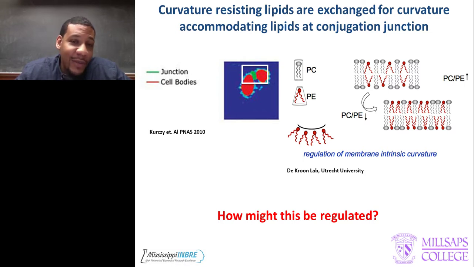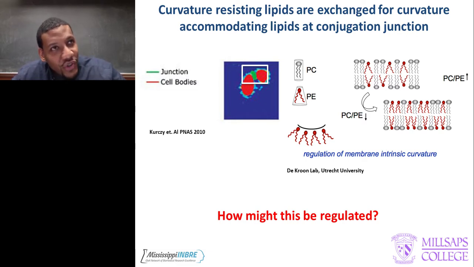And what they found was something very interesting. Essentially, as fusion occurs at the conjugation junction, there was a decrease in the levels of phosphatidylcholine and an increase in the levels of phosphatidylethanolamine.